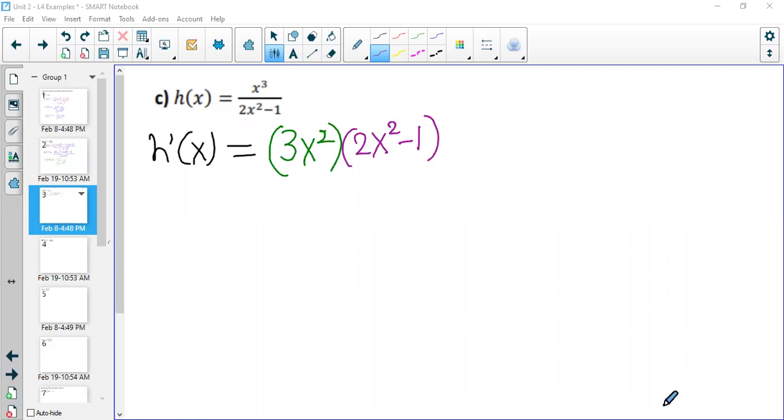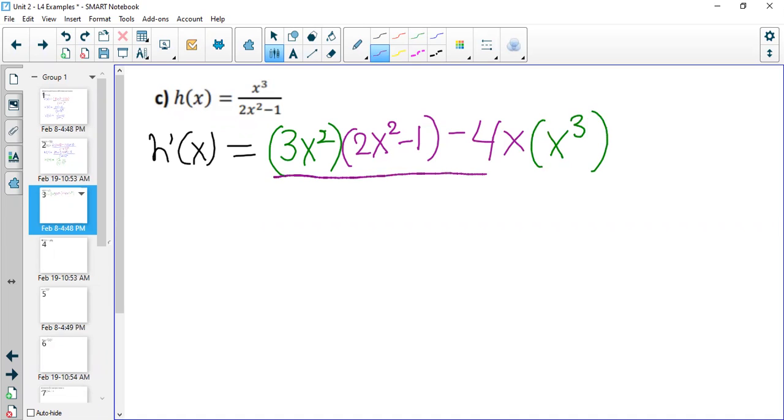Okay, now for the second part of our formula, we're taking the derivative of the bottom function. That would give us minus negative 4x. And we multiply that by the original top function, x cubed, all over the bottom function squared.